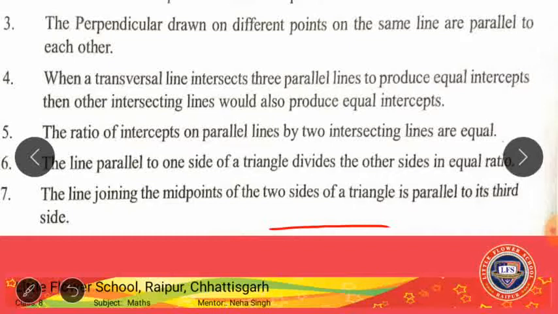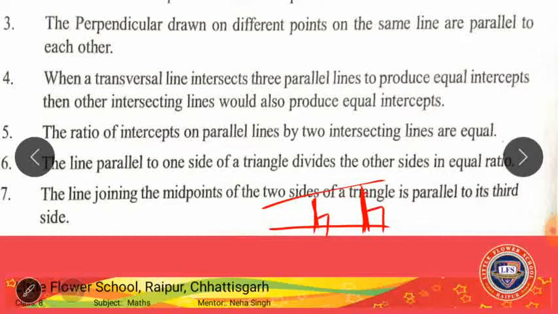Suppose I am drawing a perpendicular from here, right? And from here, the lines are perpendicular, 90 degrees. Since they both are perpendicular on the same line, these two perpendicular lines, this line and this line, will be parallel, they will never intersect.